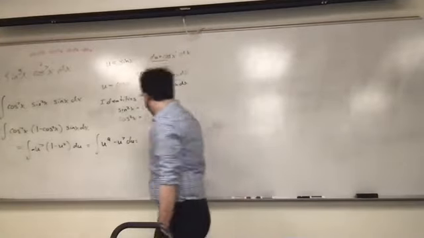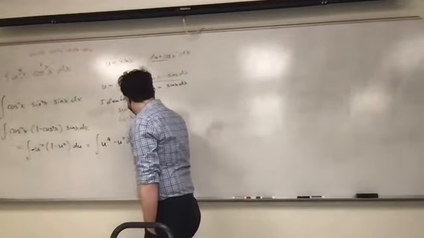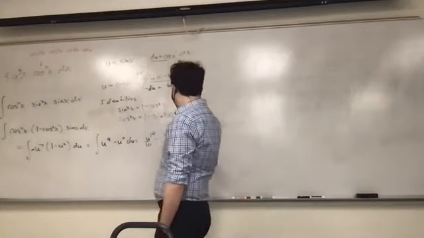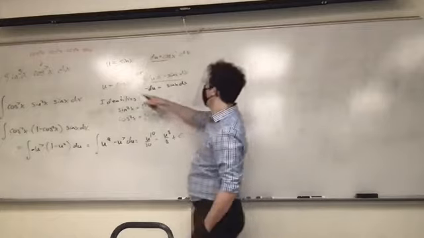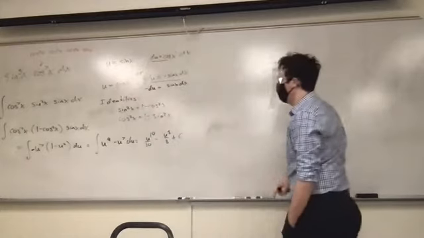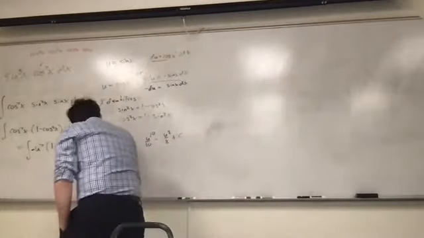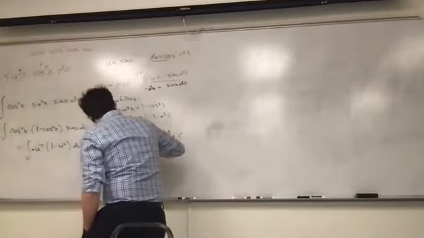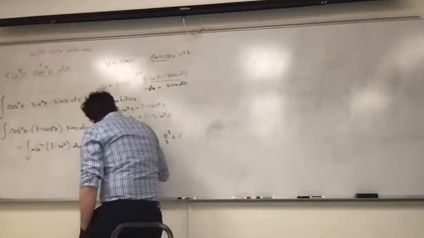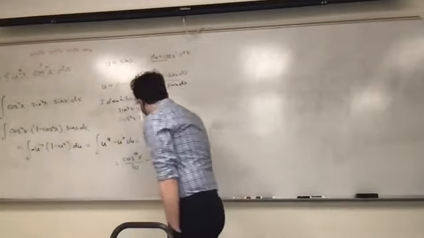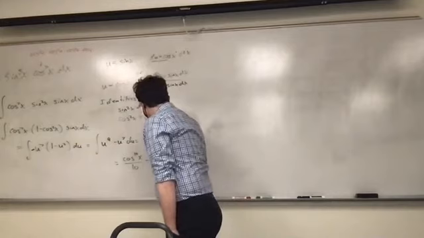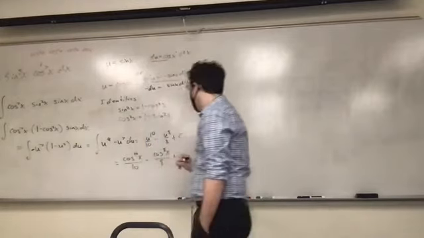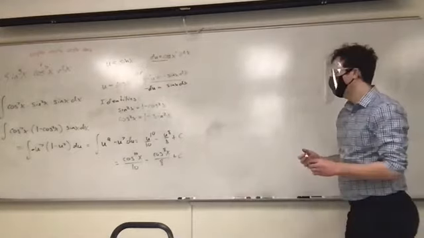And then the power rule: u to the 10th over 10 minus u to the 8th over 8. And then u was cosine. So we make it cosine to the 10th over 10 minus cosine to the 8th over 8 plus C.